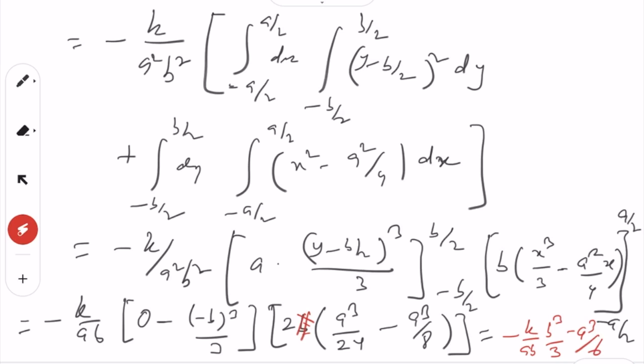k12 equal to k a square b square, and minus becomes plus, k a square b square over 18.